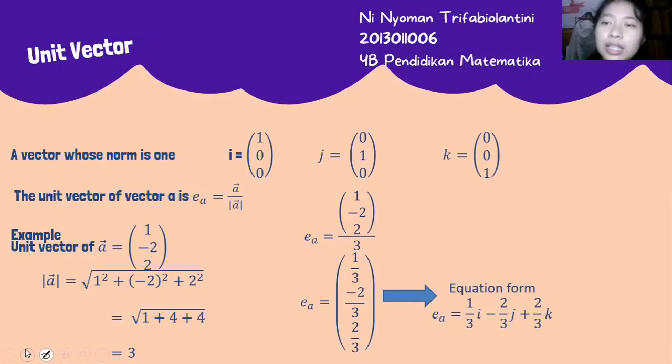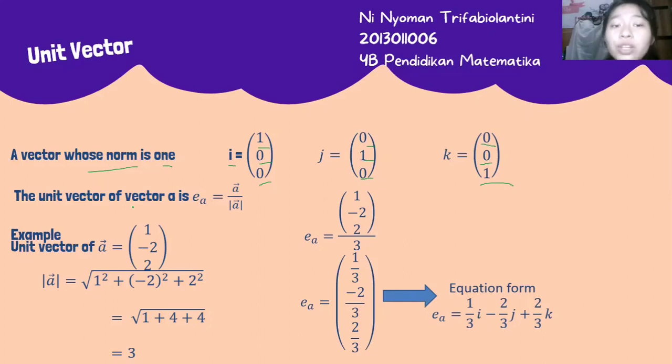The next is unit vector in 3 dimensions. A unit vector is a vector whose norm is 1. i equals (1, 0, 0). j equals (0, 1, 0). k equals (0, 0, 1).